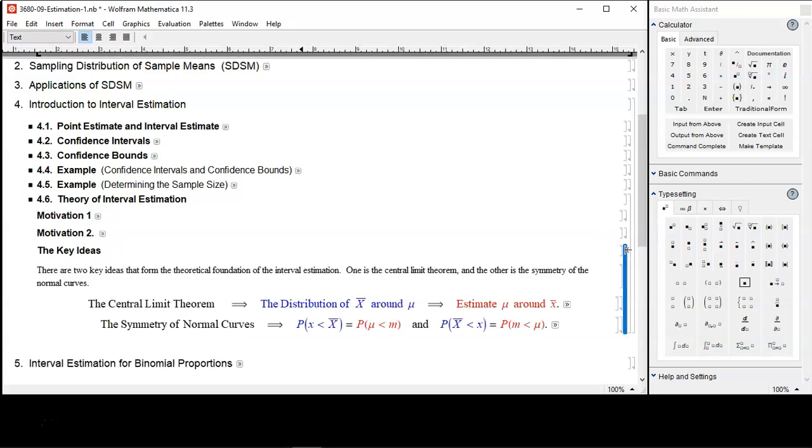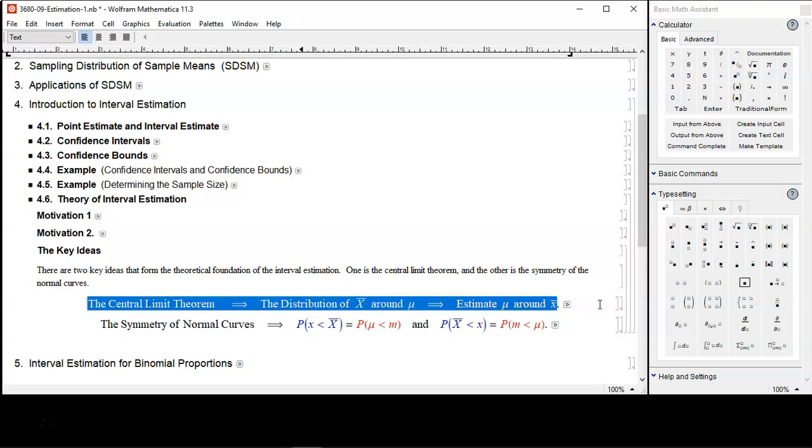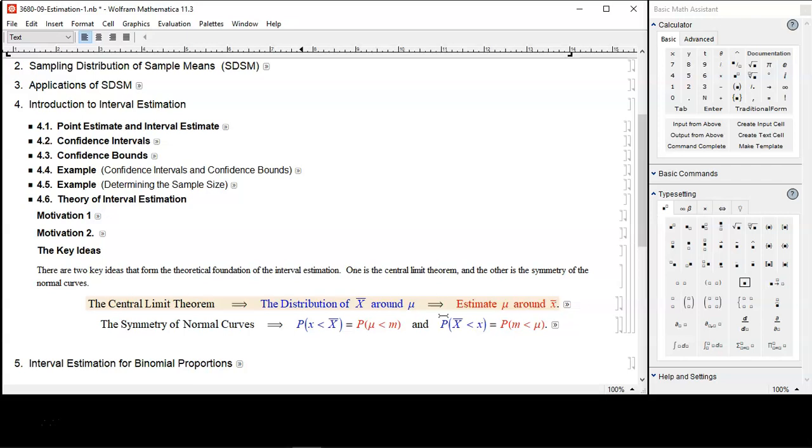And we can use this kind of idea. From the central limit theorem, we get the sampling distribution of the sample mean, the distribution of x bar, which is around mu. And then we use geometry, the symmetry of the normal picture, to get the other way around. And this transition is related to a change of reference frame. For example, let's consider this example.